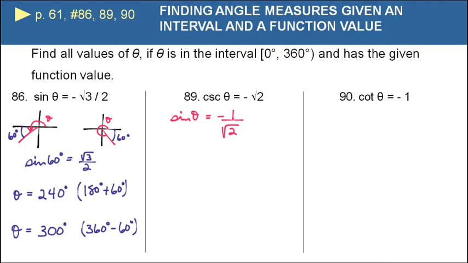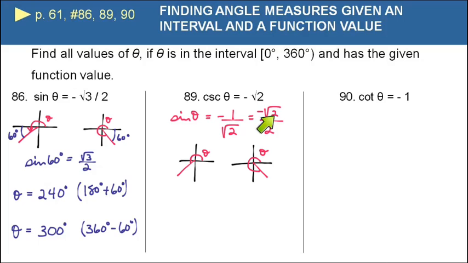Okay, let's look at this next one. If the cosecant of an angle is negative square root of 2, then that means the sine of that angle is negative 1 over square root of 2. And, of course, that's equal to negative square root of 2 over 2. Alright, now, we're going to draw our two coordinate systems because with a negative sine value, we could have an answer in quadrant 3 or quadrant 4.